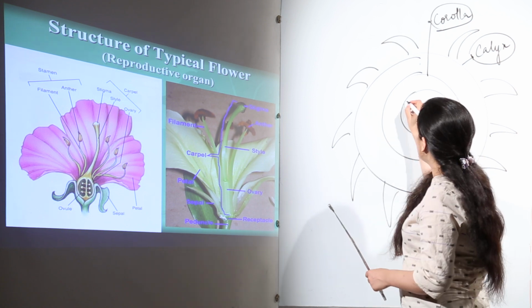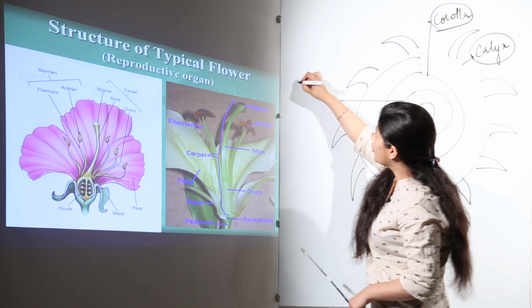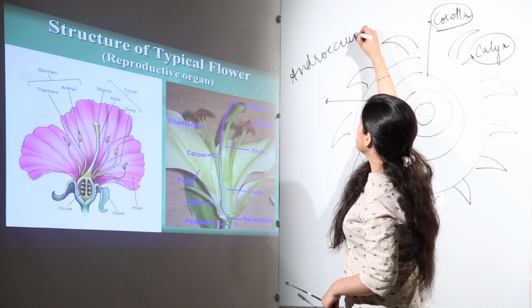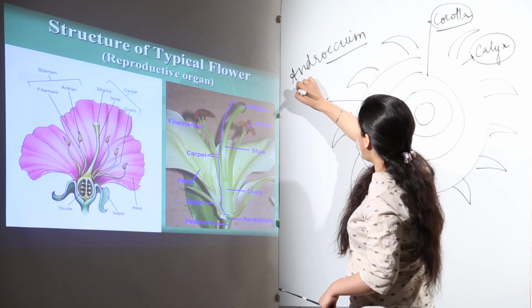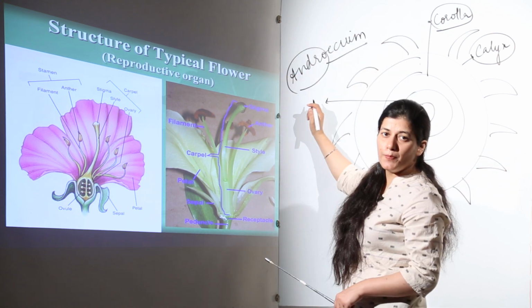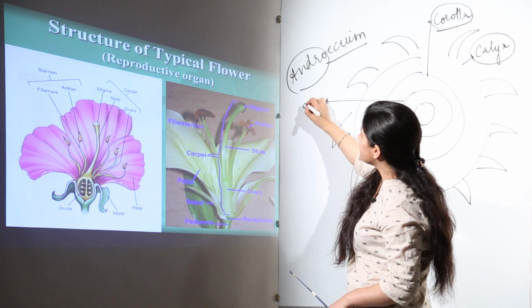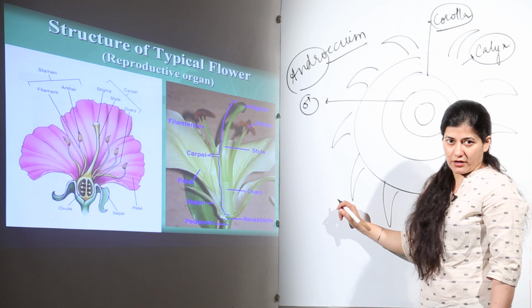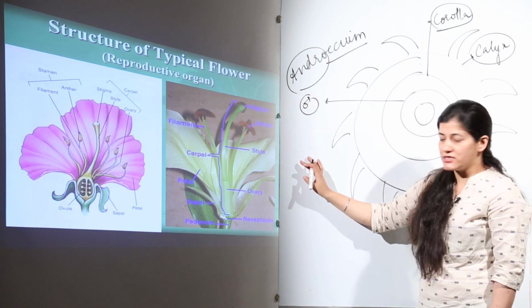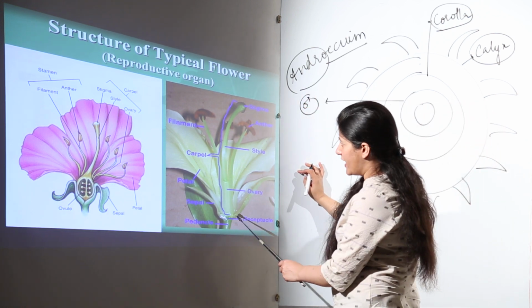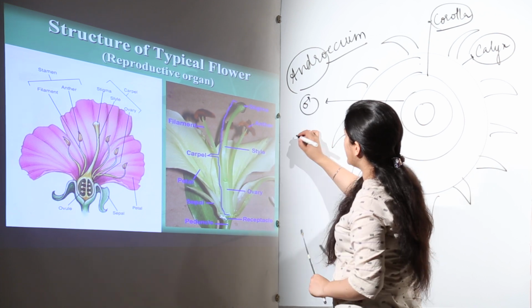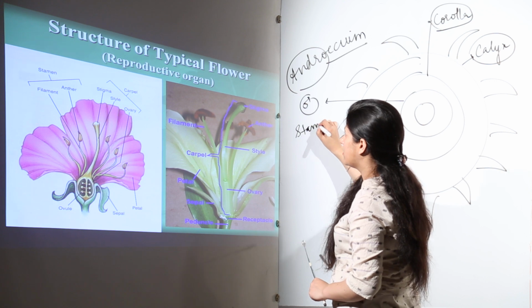Now, moving inwards, we have androecium. Oecium refers to house and andro means related to male. So, this is that whorl which is going to bear the male part of the flower. So, androecium has its appendage made of filament and anther, that is known as stamen.